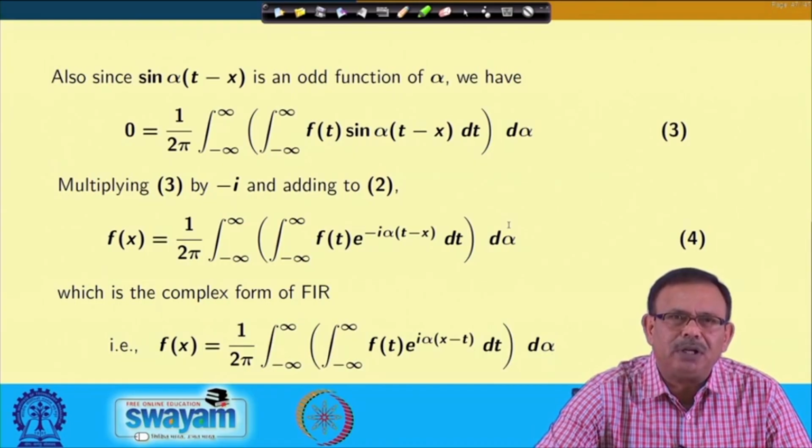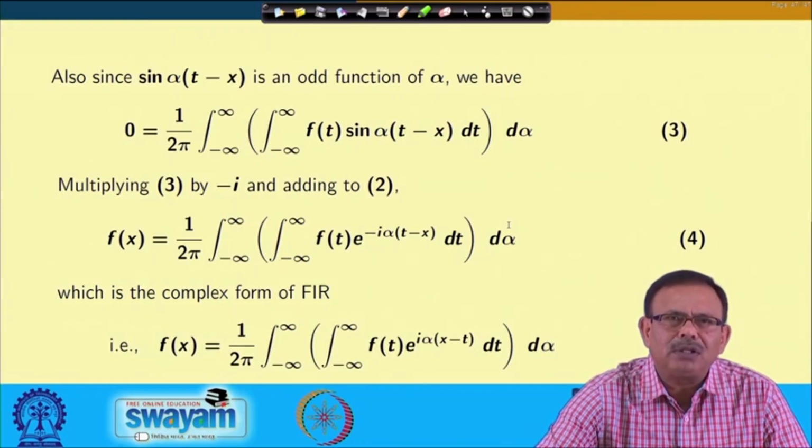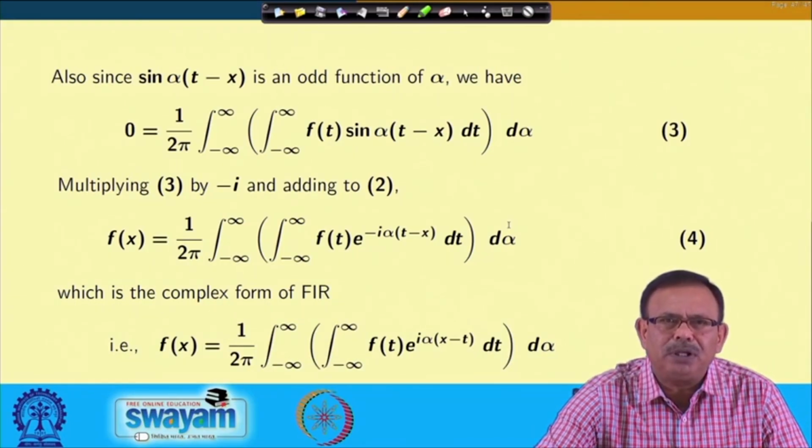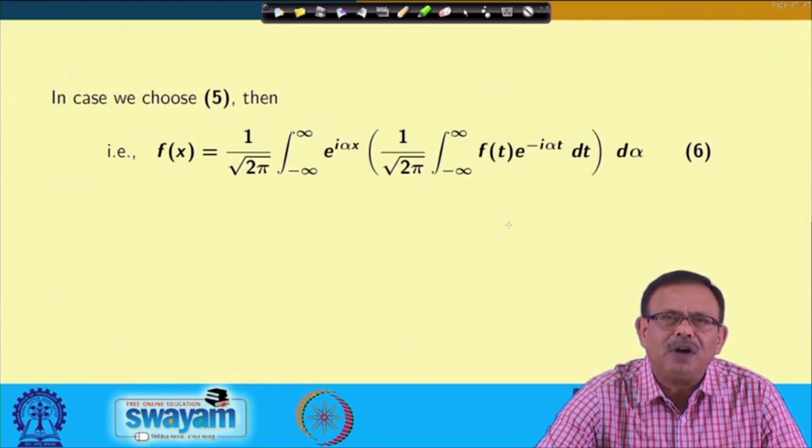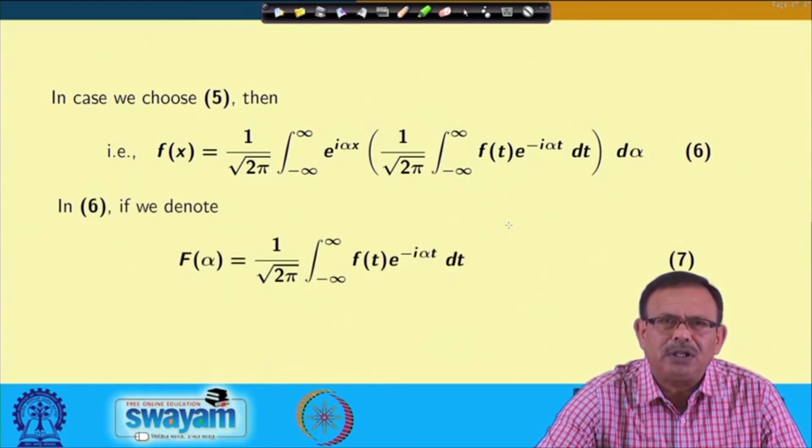So, once I am getting this, f(x) equals 1 by twice pi, minus infinity to infinity, minus infinity to infinity f(t) e^(iα(x minus t)) dt dα. This e^(iαx) I can bring outside the dt because alpha is independent. So, I can write down equation 6 as I told.